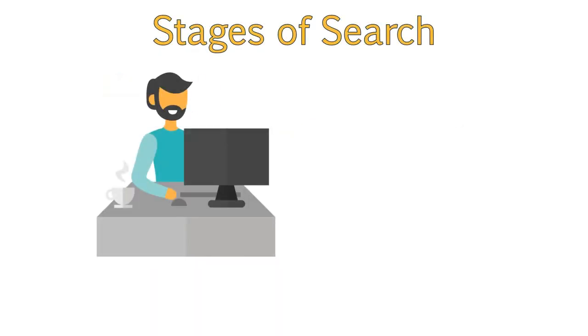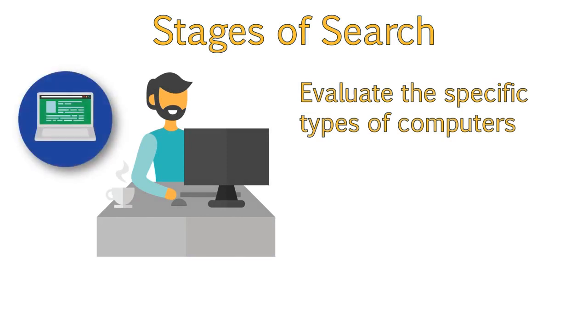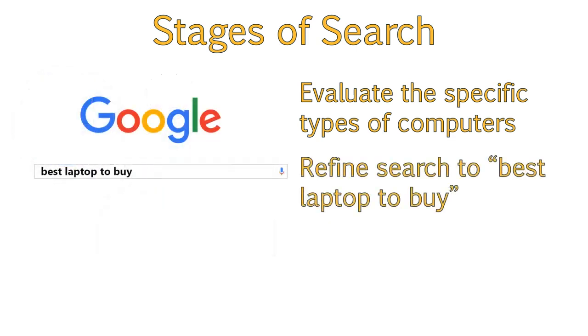He will now need to evaluate the specific types of computers he wants to buy. Tom decides he would like a laptop and not a desktop computer, so he refines his search to "best laptop to buy." His results then show him a variety of different laptops, and he realizes he needs to further narrow down his choices.